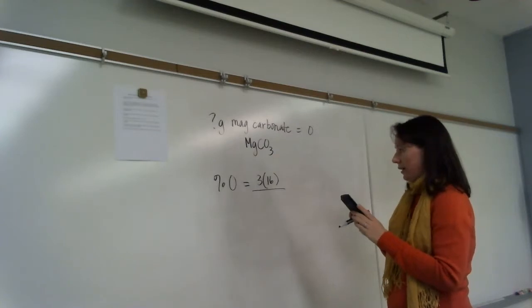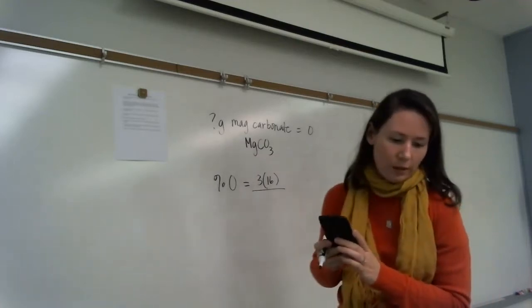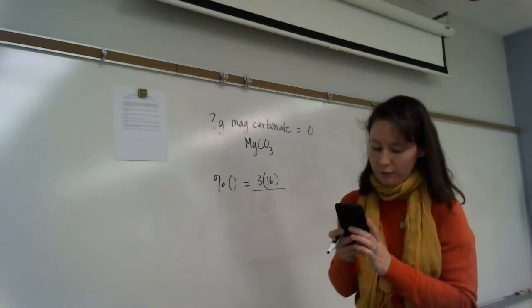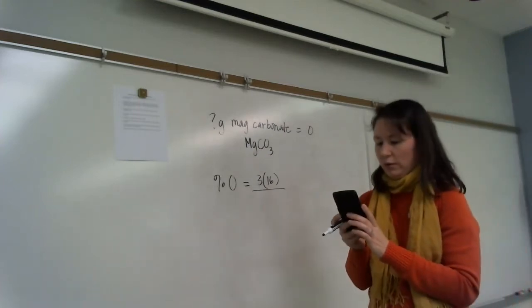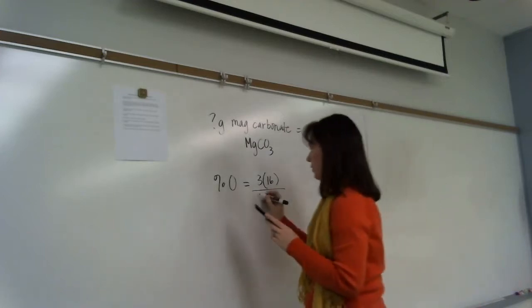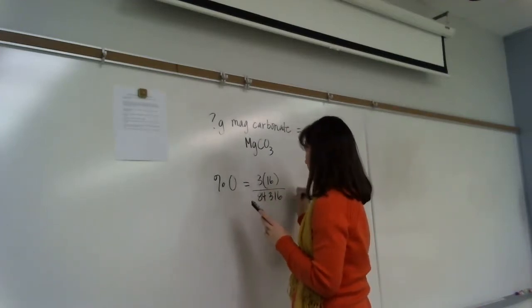So let's see. Magnesium is 24.305. So I came up with a total molar mass of 84.316.